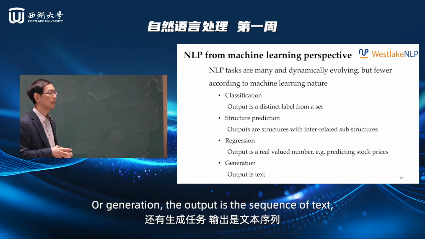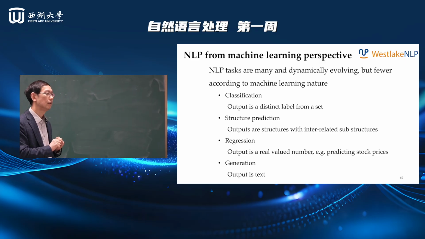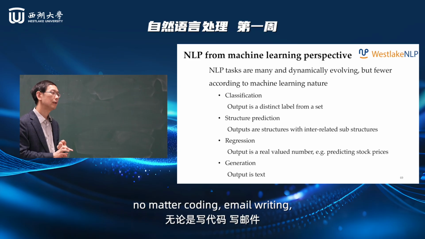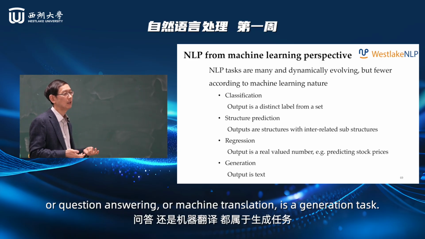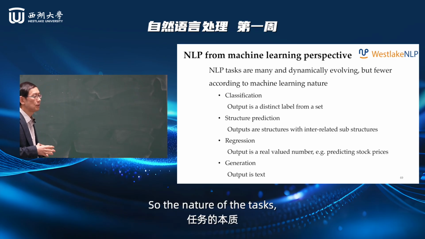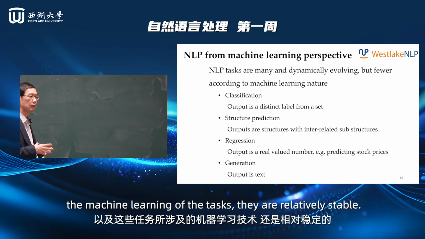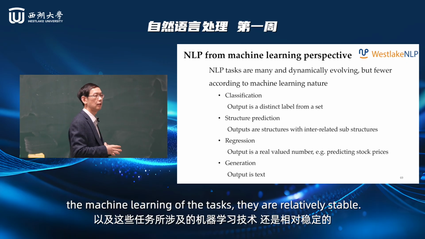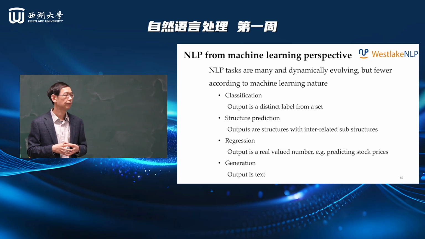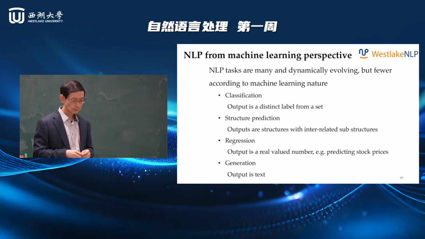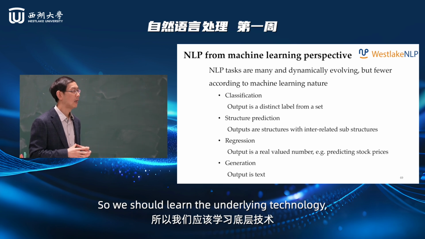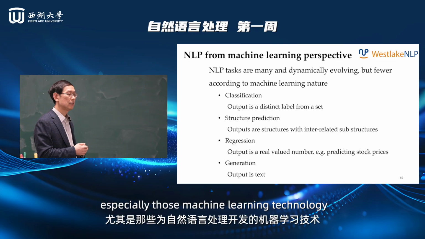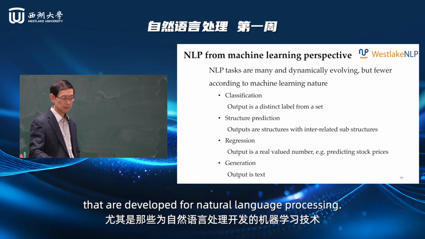Or generation, where the output is a sequence of text. No matter whether it's coding, email writing, question answering, or machine translation, it's a generation task. So the nature of the tasks, the machine learning of the tasks, is relatively stable. So we should learn the underlying technology, especially the machine learning technology developed for natural language processing.